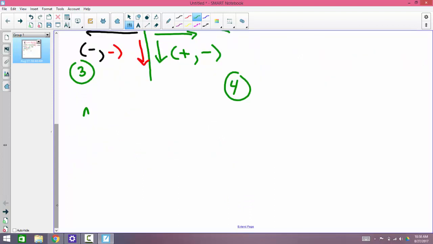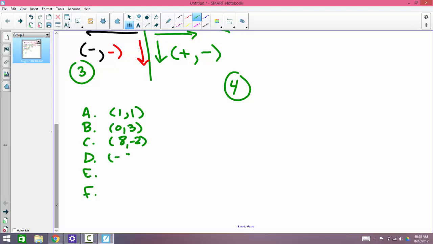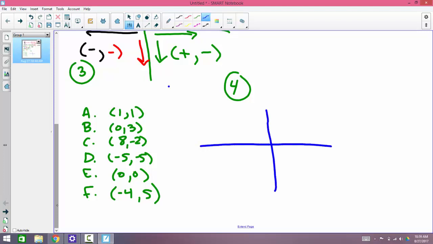So we'll do A through F. So (1, 1), (0, 3), (8, -2), (-5, -5), (0, 0), the origin, and (-4, 5). So go ahead and draw your coordinate plane, plot them, and then just list what quadrant they're in, and we'll quickly check. Go ahead and hit pause.